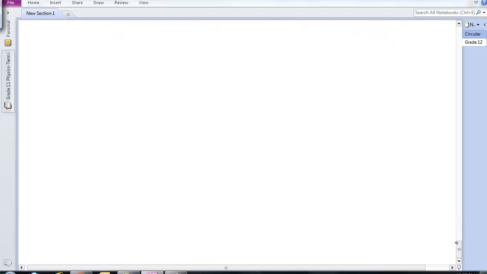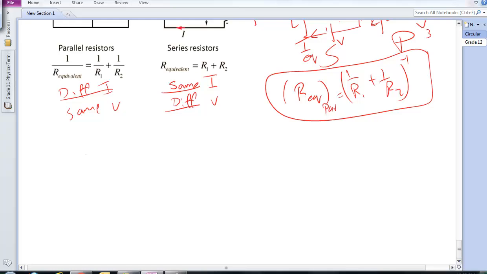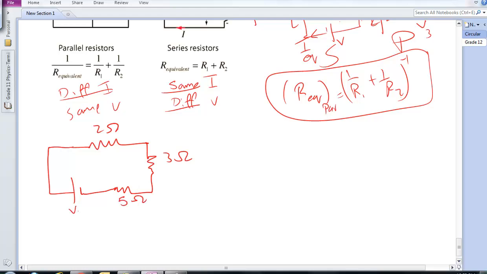So, for example, if you have here 1, 2, 3, with 2 ohms, 3 ohms, 5 ohms, and this is a voltage of 12 volts. So I need to get R equivalent.